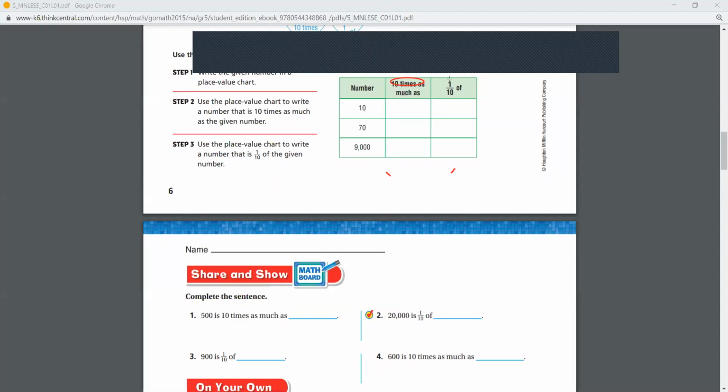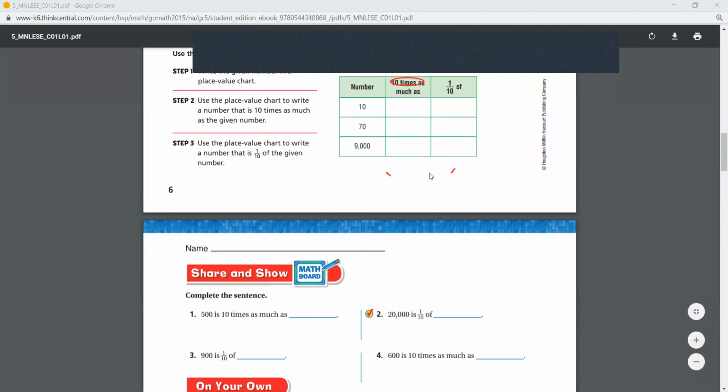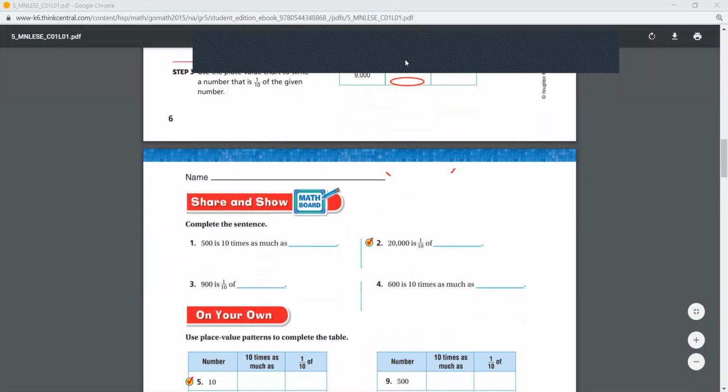And when it is 1 over 10, you need to remove a 0 from there. It becomes 1, it becomes 7, and it becomes 900 in here. Did you understand now or still not? Yes, I understand. Okay. Coming to the question here.